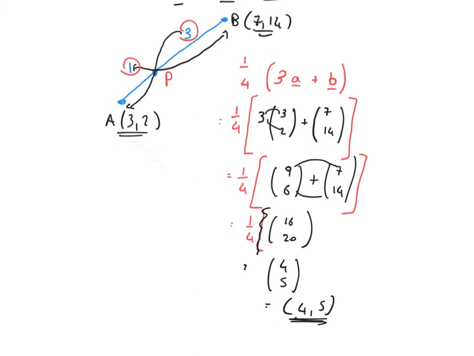So it's a quarter of, and then open up this rectangular bracket, 3 lots of the vector A, 3 lots of (3, 2), plus the vector B, (7, 14). 3 3s are 9, 3 2s are 6, 9 plus 7 is 16, 6 plus 14 is 20, a quarter of that is (4, 5), and then finish it off by writing it as a point.